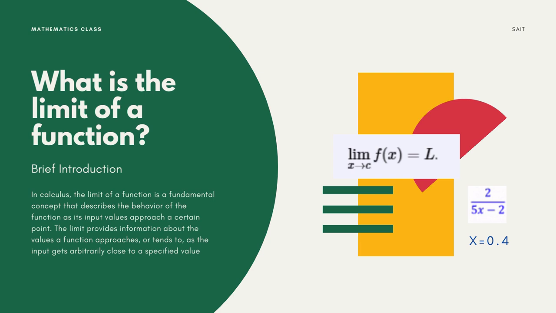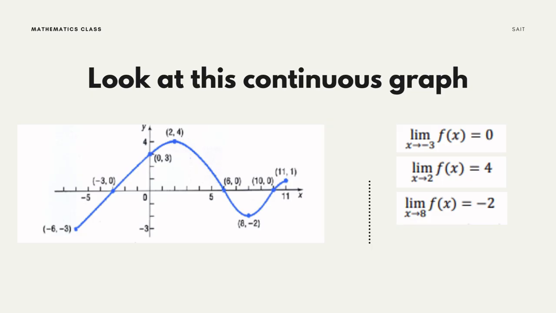So let me show you what I mean from a graphic point of view. Maybe it makes it easier to comprehend. Take a look at this continuous graph, the blue one. What I mean by continuous, let me define it first. A continuous graph is a graph that you can draw without lifting up your pen.